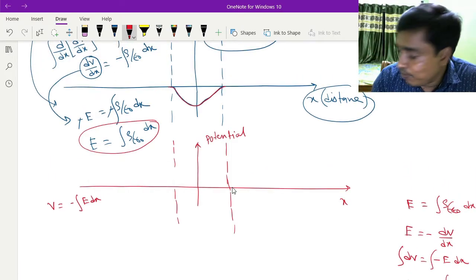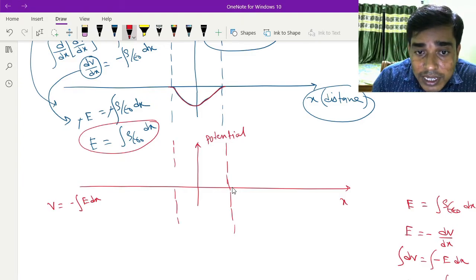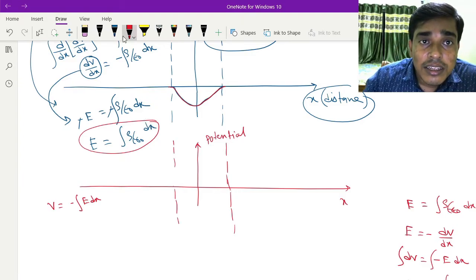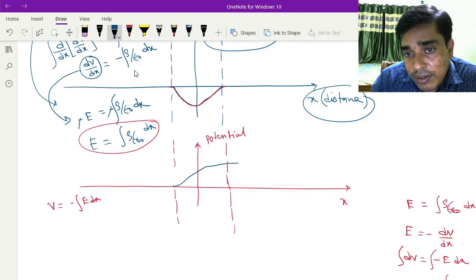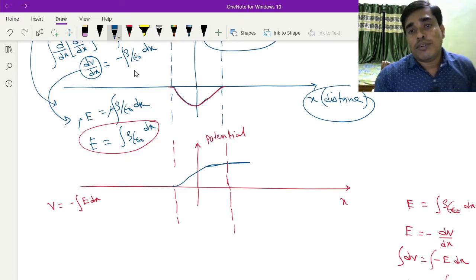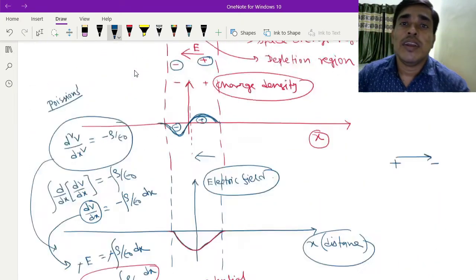The change of potential will be in this way. This is the potential graph.